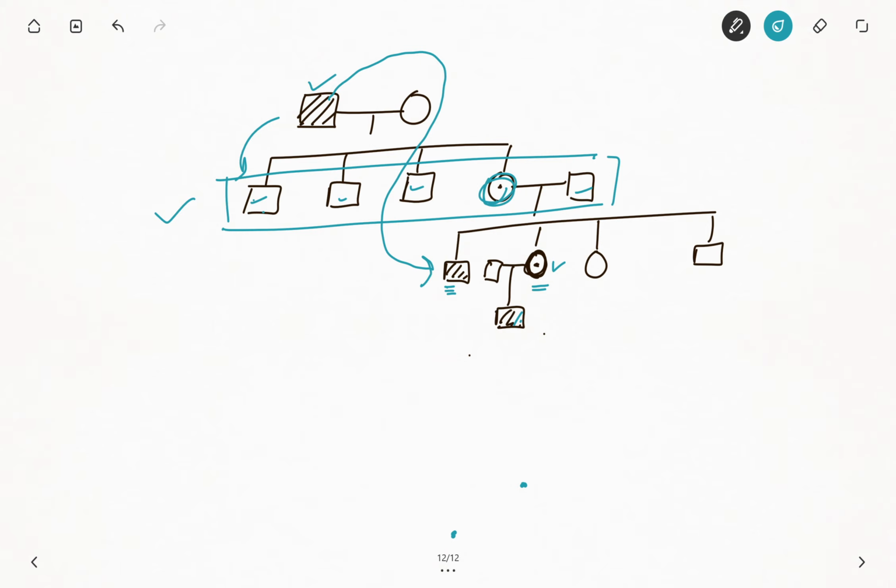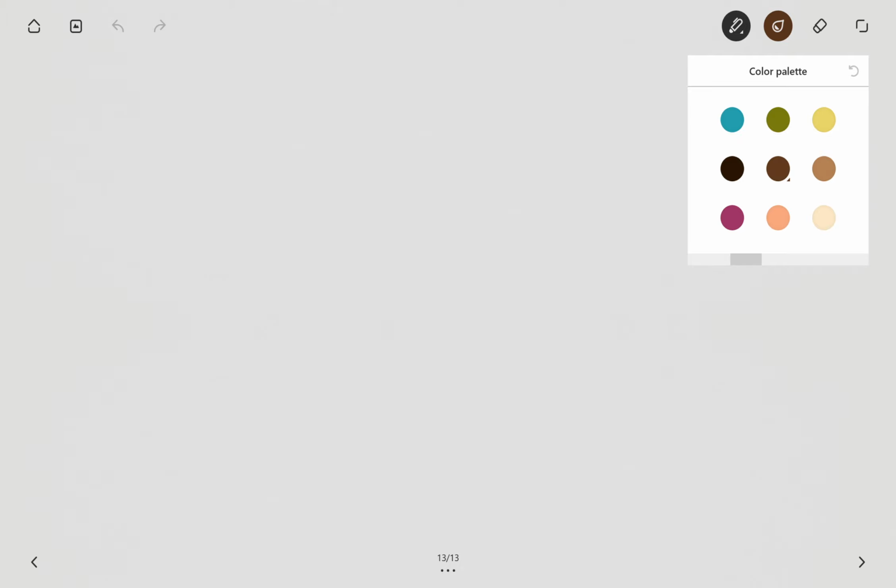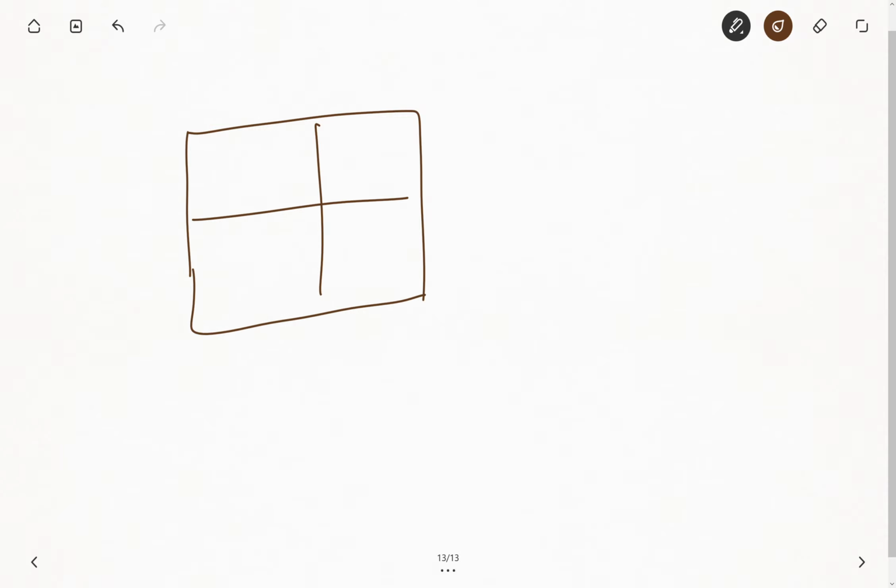If we talk about the Mendelian 2 by 2 table, let's say this is the mother who is a carrier for, let's say, hemophilia. She has the bad copy on one X chromosome, and we get a father who is normal. So we find that these are the possible combinations.